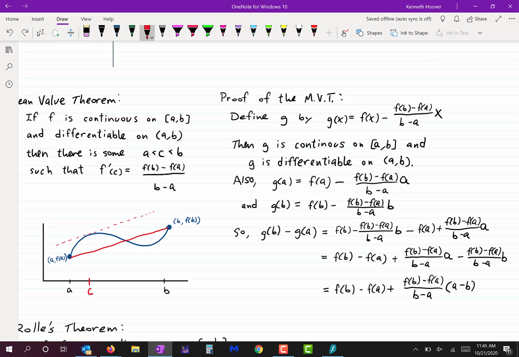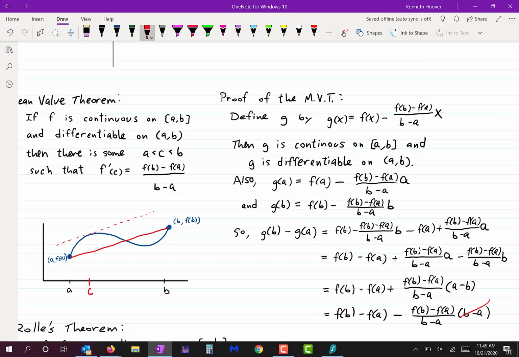Which is the same thing as writing f of b minus f of a minus f of b minus f of a over b minus a times b minus a.